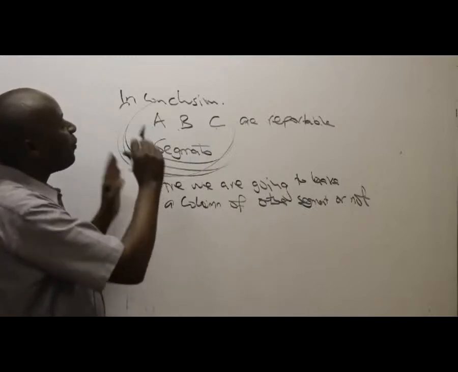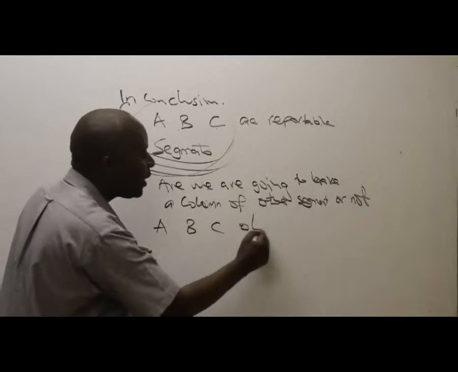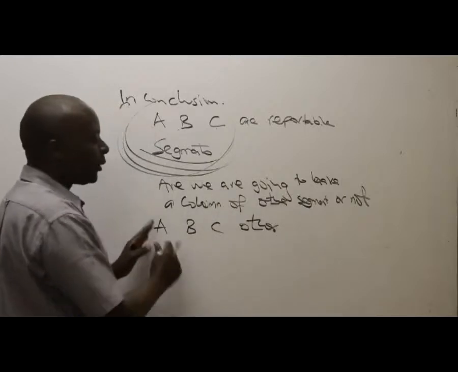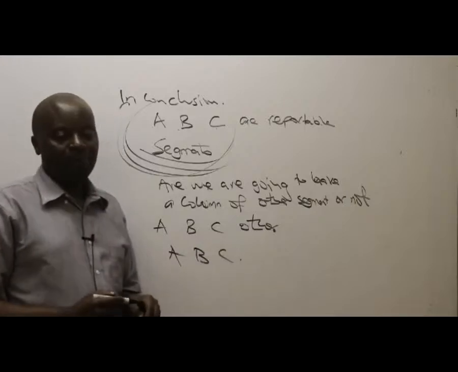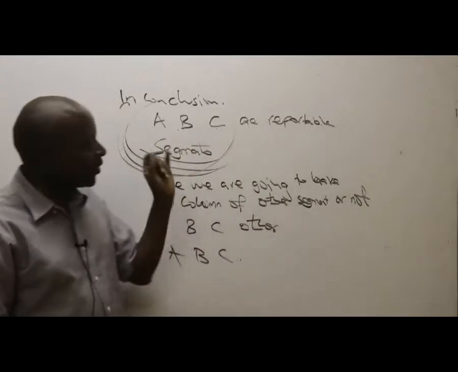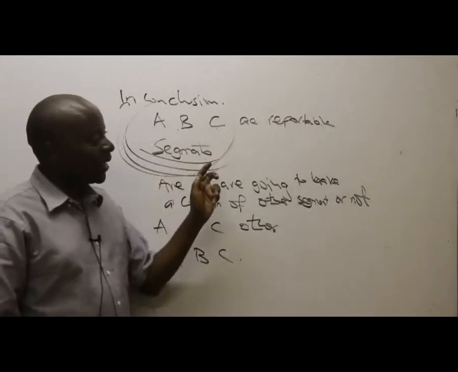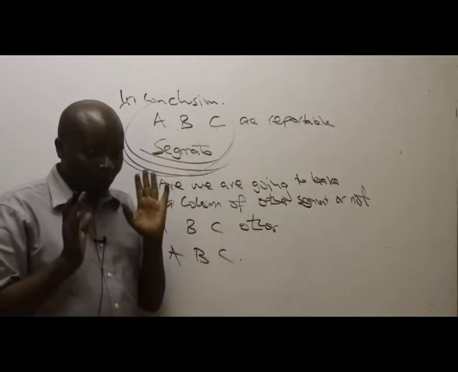Yani, wakati unaweza kufanya segmental reports, utaandika ABC, alafu uandike other. Ama utaandika tu ABC alone. So wakati ushasema hizi reportable segments, the question is very clear. Ukishapata ABC are reportable, fine.